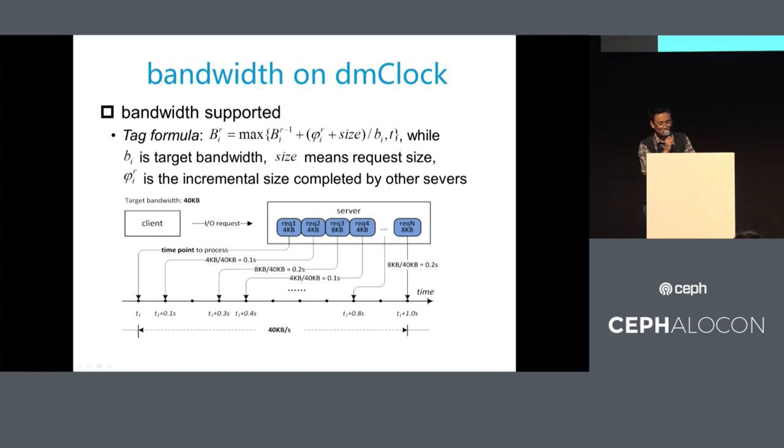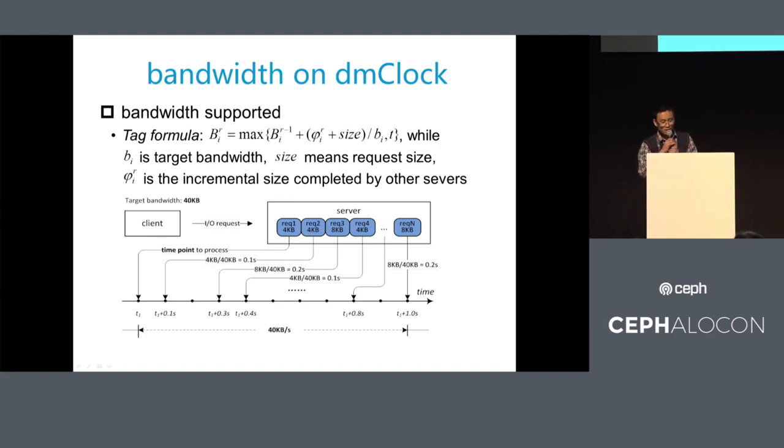Let's start with this simple scenario as below. Here is just one server, so there is no incremental size phi at all. In this example, the client's target bandwidth is 40 kilobytes per second. It sends I/O requests to the service in such a sequence: request 1, 2, up to 7.